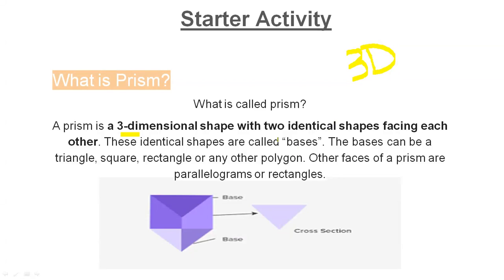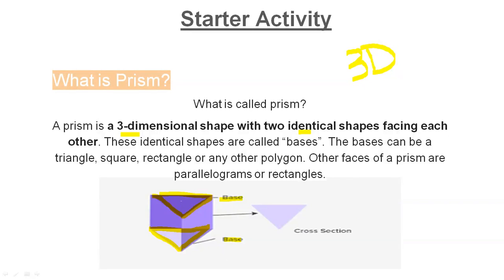So, a 3D shape with two identical shapes facing each other. What they are saying here is that if a triangle is the base, the other will also be a triangle. If two identical shapes are facing each other, these identical shapes are basically called the bases. So the first step, the bases should be the same in shape.